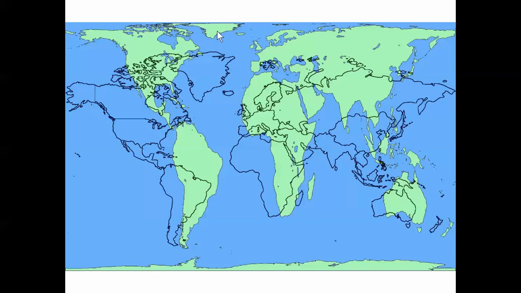You look at Greenland here and it's hard to even see what it is, but its area is more accurate. So when we look at map projections, oftentimes there's a trade-off between the shape of something and its area. If we maintain the area accurately, well, we lose shape. If we maintain the shape, we tend to exaggerate or underestimate area.